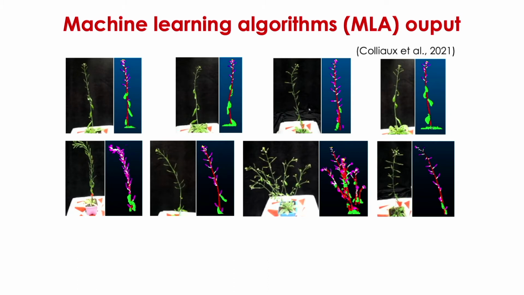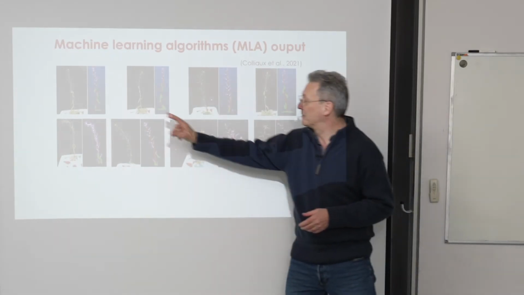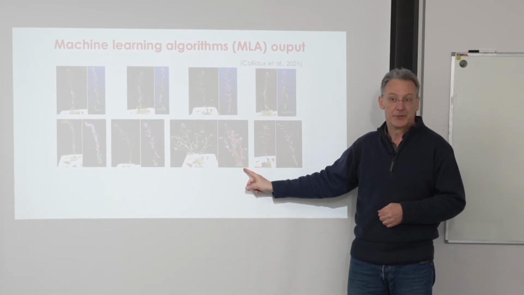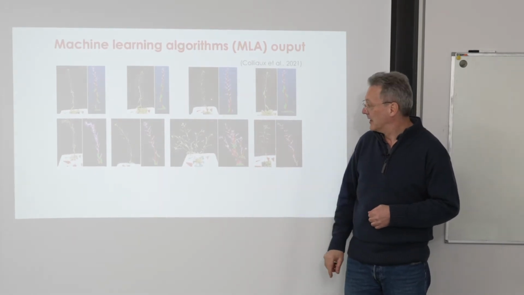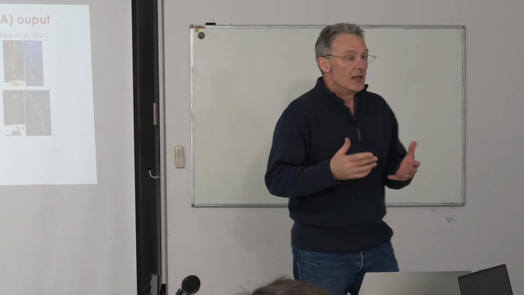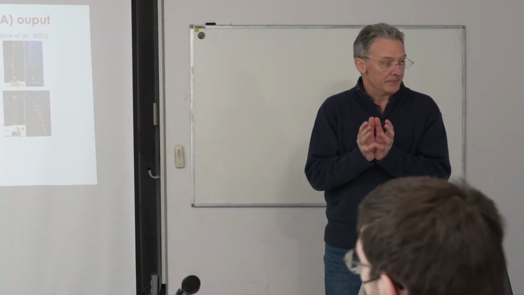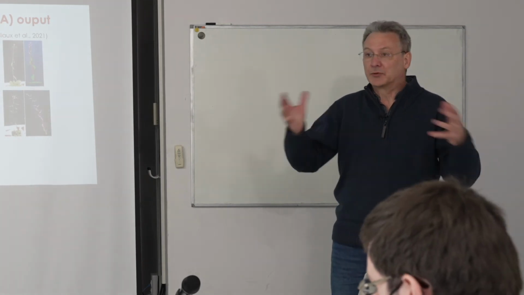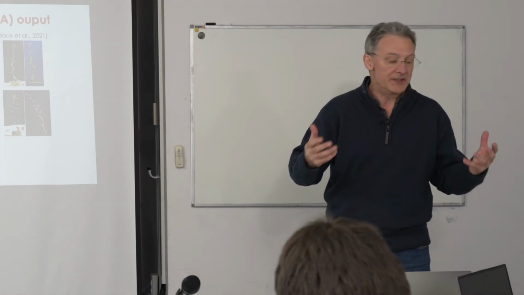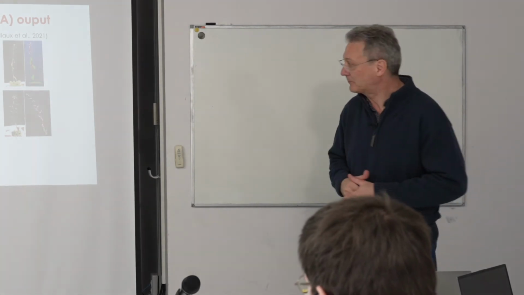So there has been a certain amount of work in the project about this, and you can see different plants and the algorithm output just on the right. And you see that the system starts to work, but this is a very simple plant. And we would like to get to more complex plants with more branches, with more leaves, with more hidden structures.